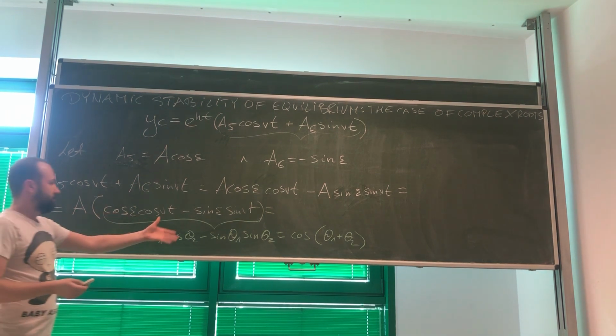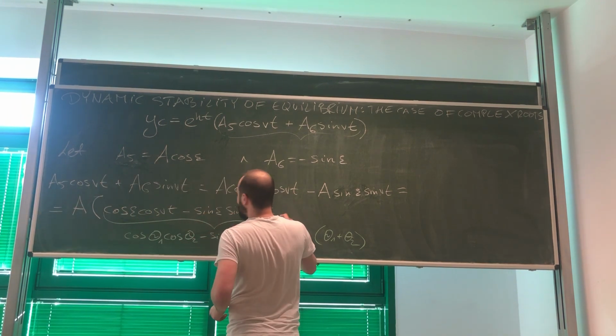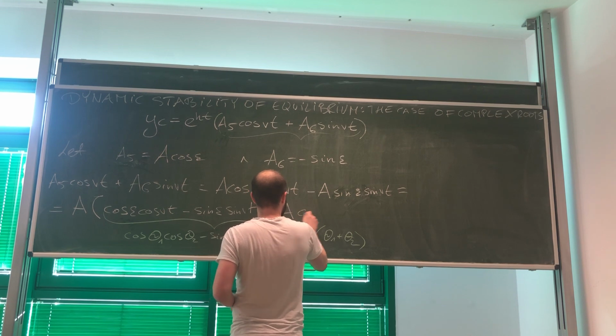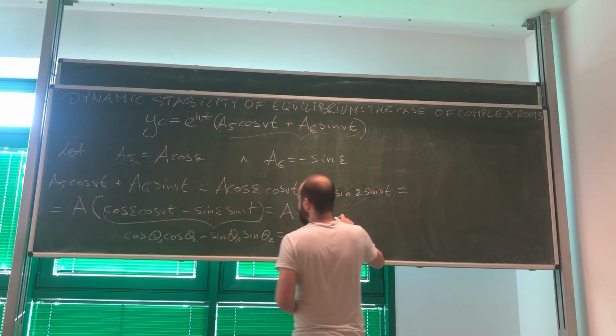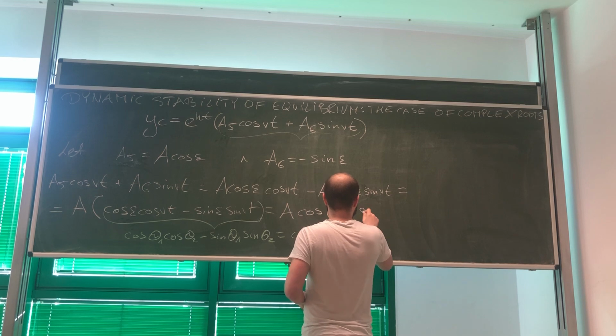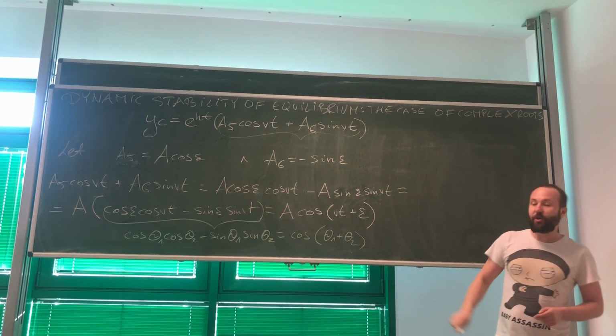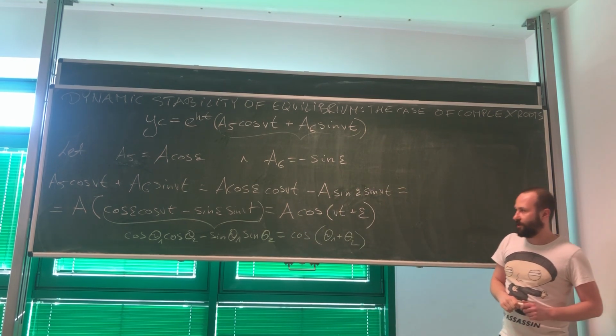Okay, so what does it imply for us? That we can write this as A times cosine Vt plus epsilon.